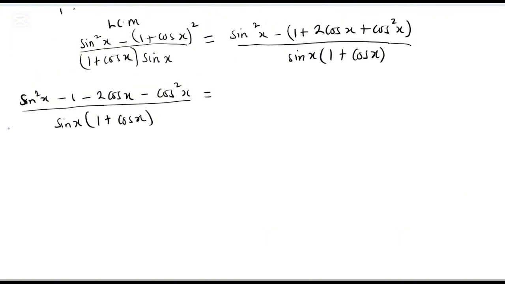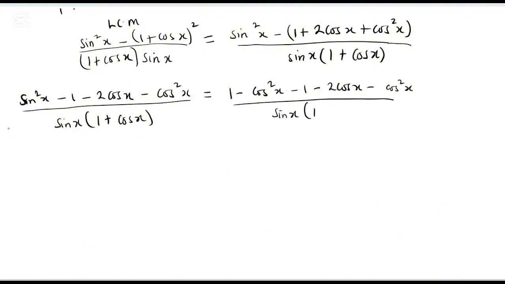So instead of writing sine squared x here, I'm going to write 1 minus cos squared x, then minus 1 minus 2 cos x minus cos squared x over sine x times 1 plus cos x.